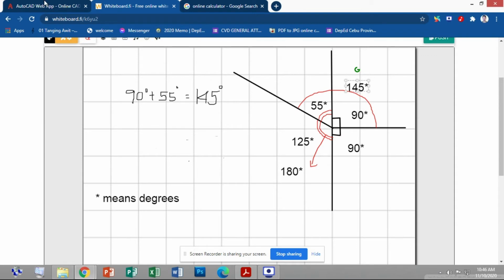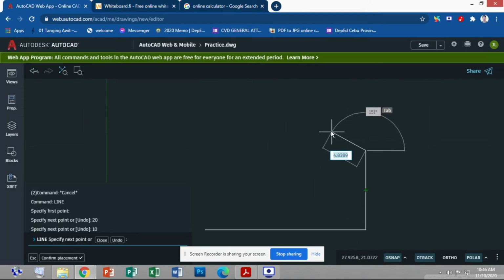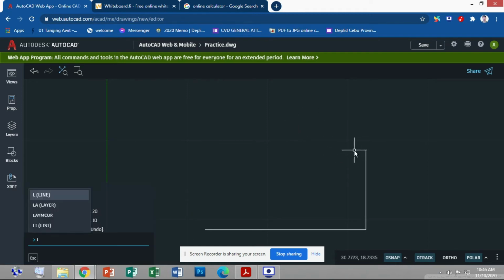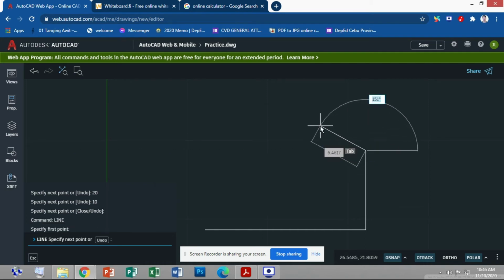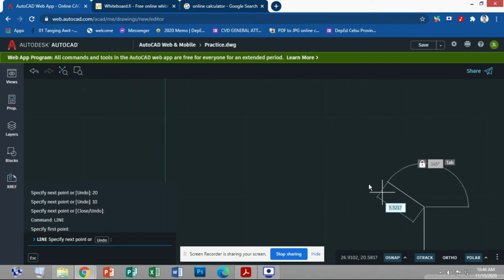So therefore, dito kailangan pala natin itong i-adjust ng 145 degrees. So i-lock natin 145 degrees. Okay, kailangan natin ng 145. Tapos, yung length ng ating, kita ninyo?